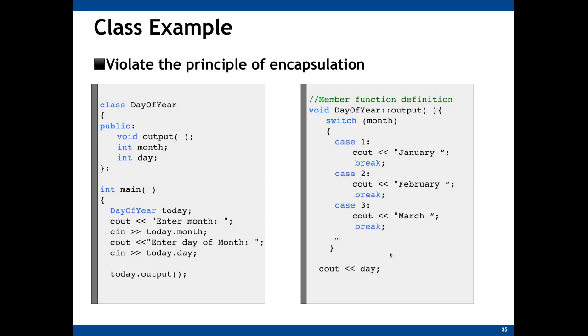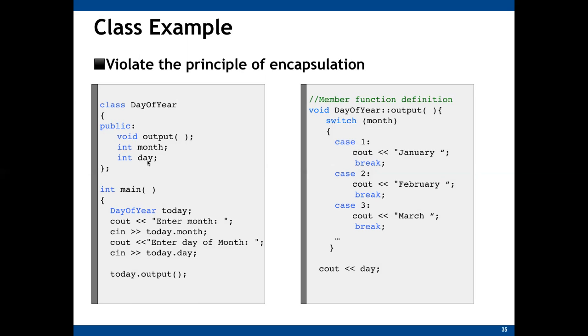There are a few problems in this class design. First, to use this DayOfYear class, the programmer must know that there are two member variables, month and day. They must know this information, which violates the principle of encapsulation because it does not hide information, the information hiding we just talked about in the previous slides.